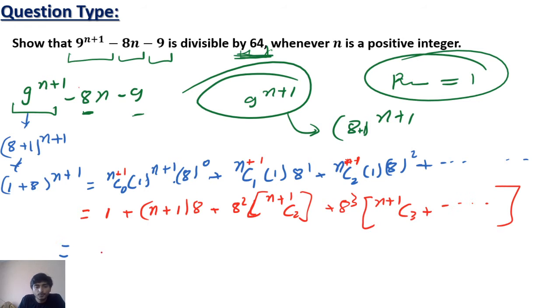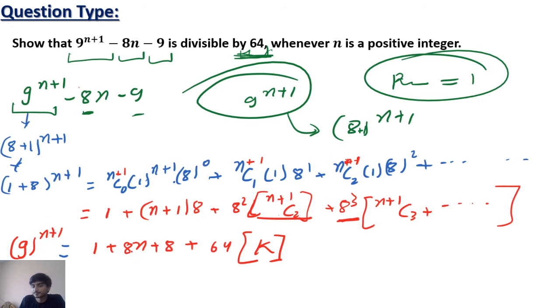So what we can do here now is write this as 8n plus 8, and then 8 square I can write as 64. Here also we can split this into 8 square into 8 into something, so I can directly write this as 64k, right? So this is nothing but 9 to the power n+1.